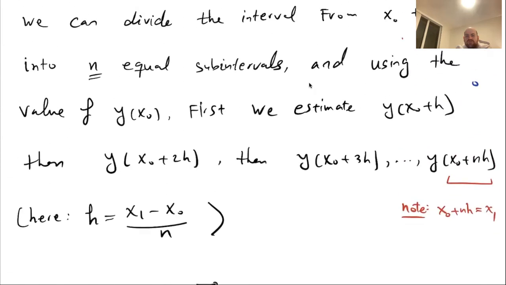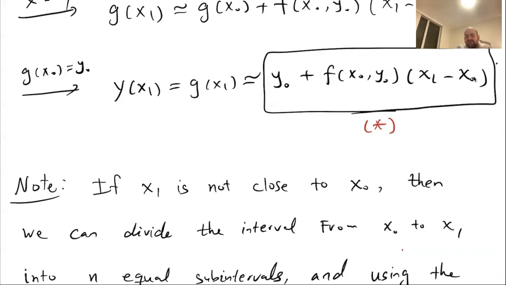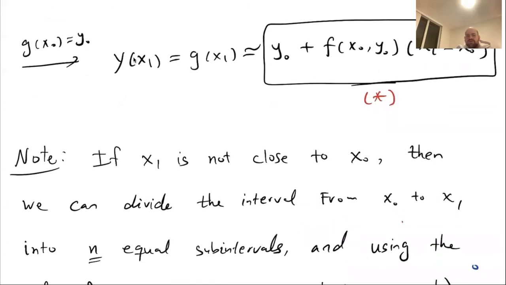So instead of using y naught, we have to use y of 1, and instead of x naught, we have to use 1. Again, instead of this y naught, you have to use y of 1. And then x1 minus x naught will be 1.5 minus 1. So this way you will find an estimation for y of 1.5.